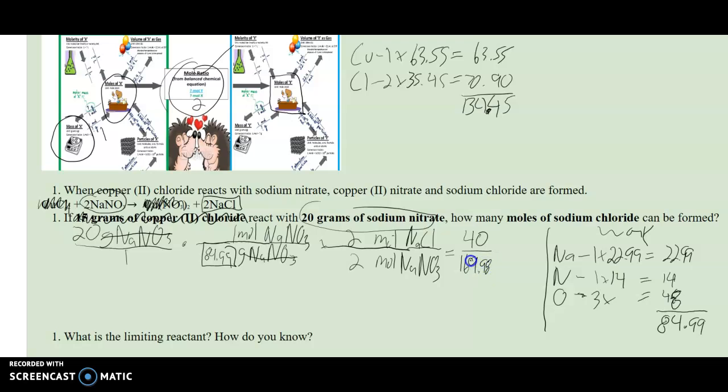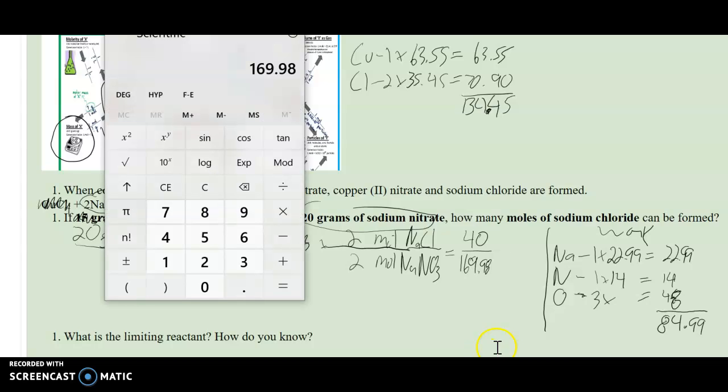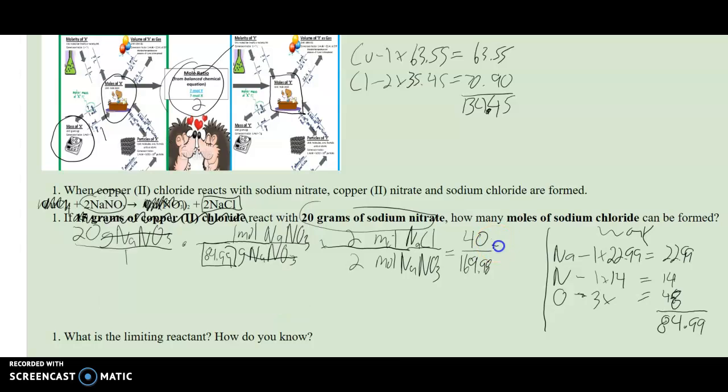Great. 40 divided by 169.98 is 0.23. I'm going to go with 0.24. 0.24 moles.